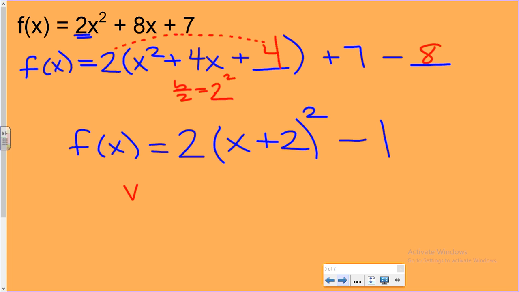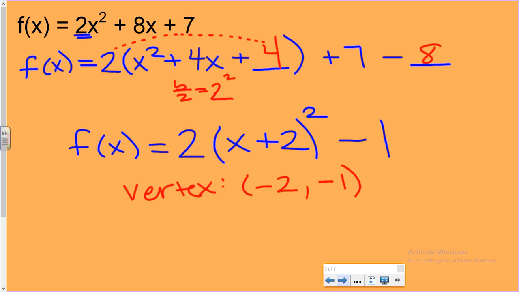Okay, so let's talk about the vertex. Eli, where's the vertex? Negative 2, negative 1. Very good. Since this is x plus 2, and our standard form is x minus h, we have to take the opposite of what's inside.